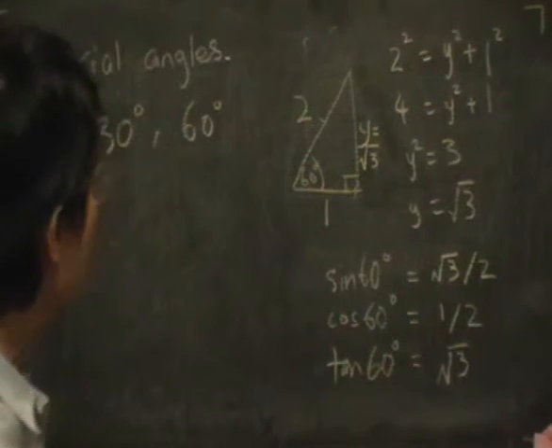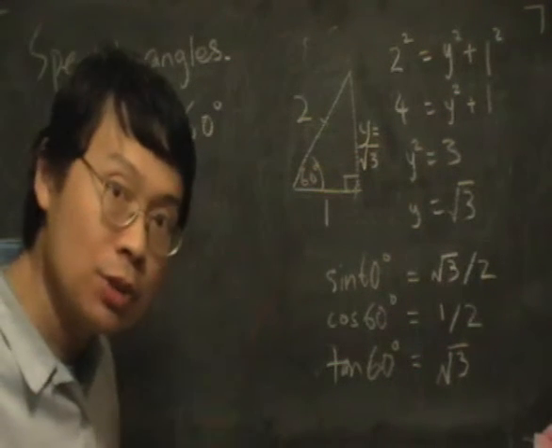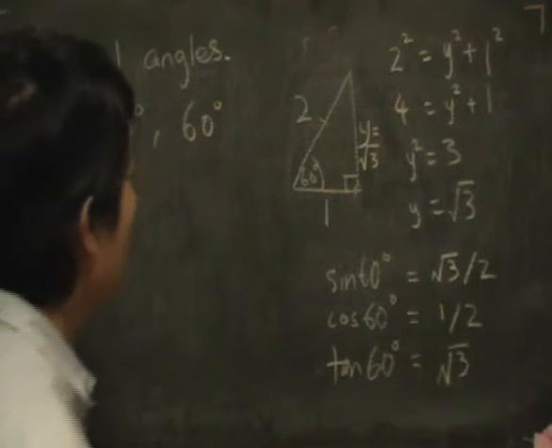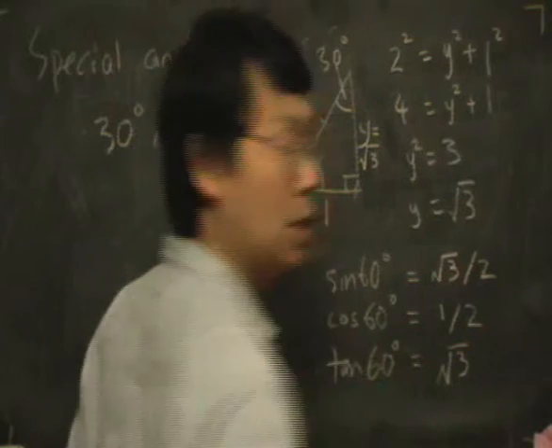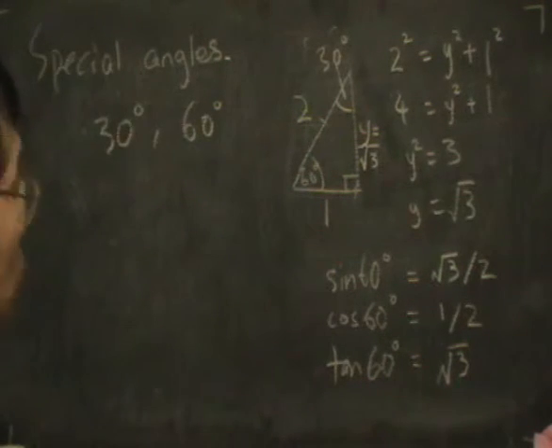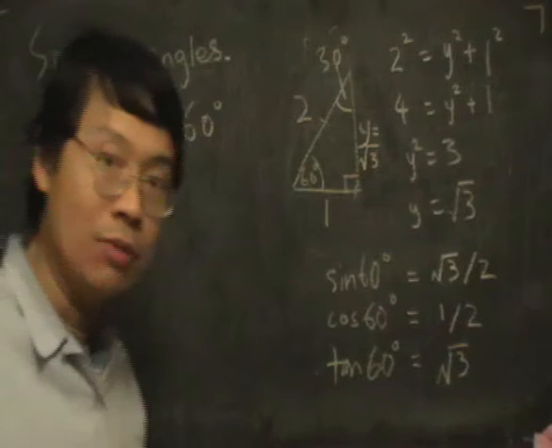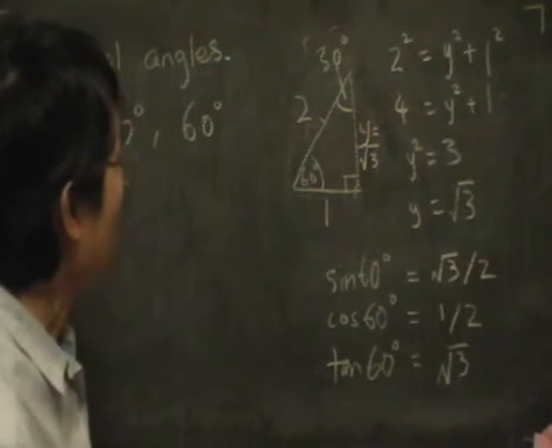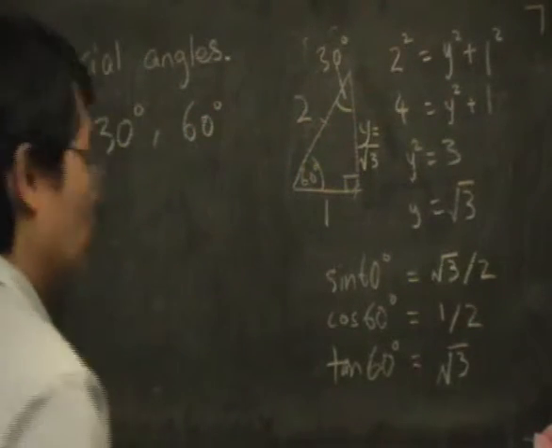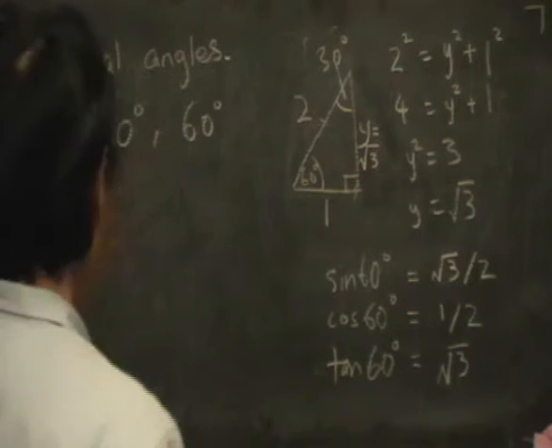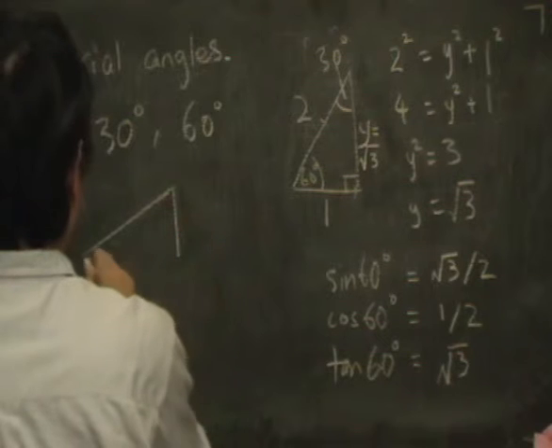Now next we are going to do it for 30 degrees. And we can actually use the same triangle because this side is 30 degrees. So that's convenient. Now just to make life easier for us, I'm going to flip this around to the usual direction, like that.